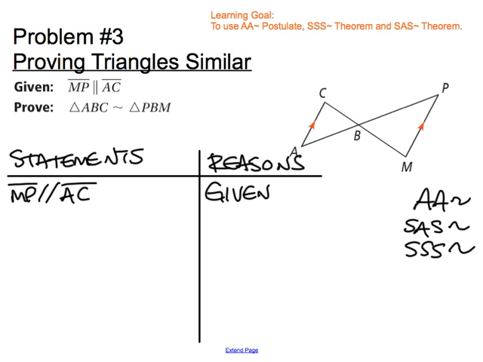Seemingly the first step here would be to recognize that we have vertical angles. So in this case, I would say that angle CBA is congruent to angle PBM, and I would say that by the vertical angles theorem.